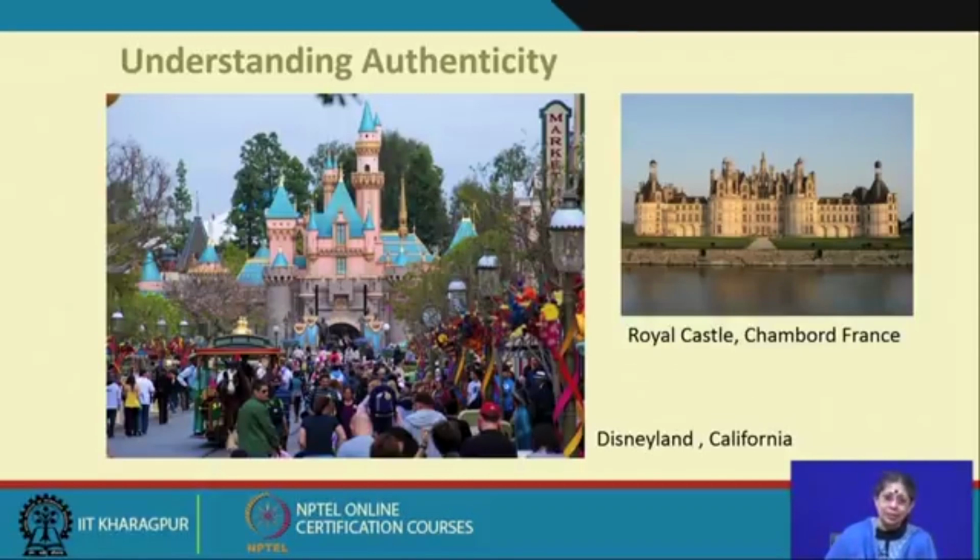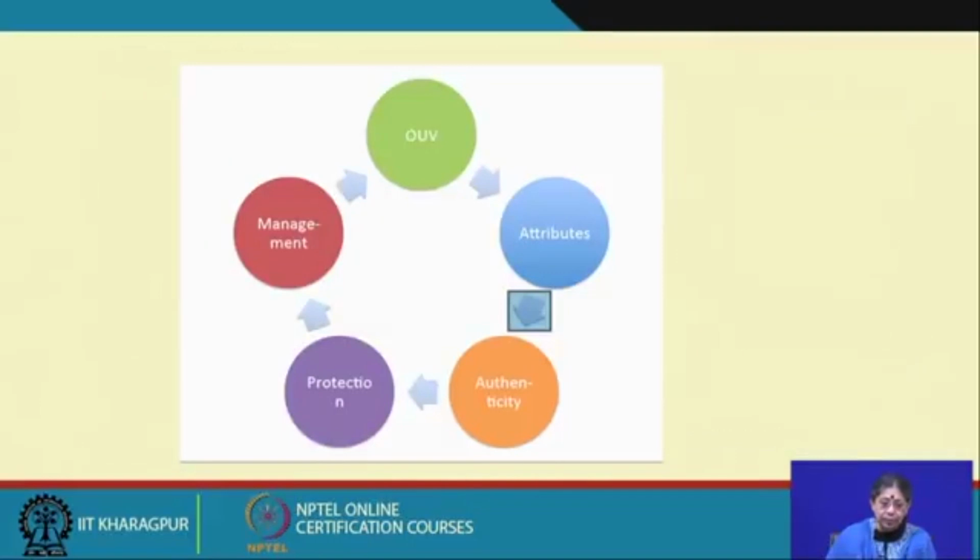That is a castle, and this is an illusion of a castle, which is the purpose of Disneyland. So, we can't say it is not authentic. In the context of Disneyland, this is proper, genuine and authentic. So, we must remember this context when we are talking about authenticity.